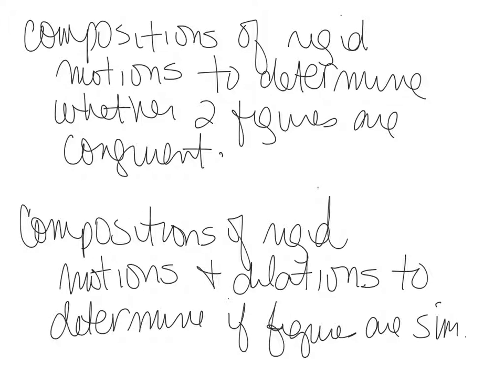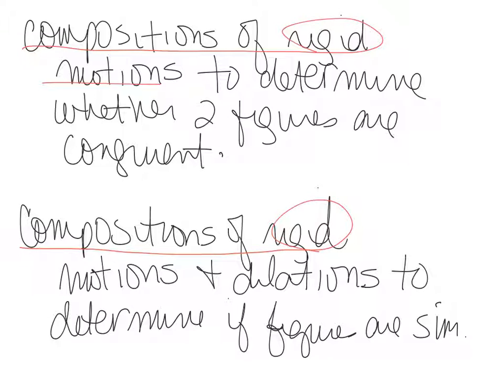Compositions of rigid motions we use to determine whether two figures are congruent. And then compositions of rigid motions and dilations to determine if figures are similar or not. And that's it for today. We'll see you tomorrow for the problem set.